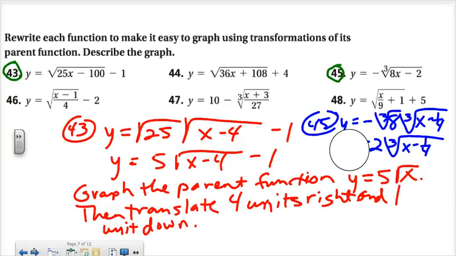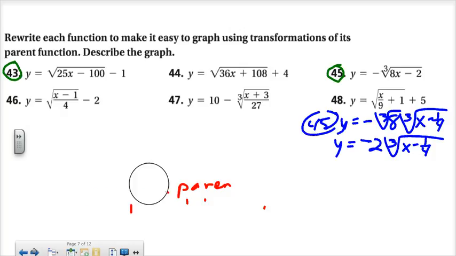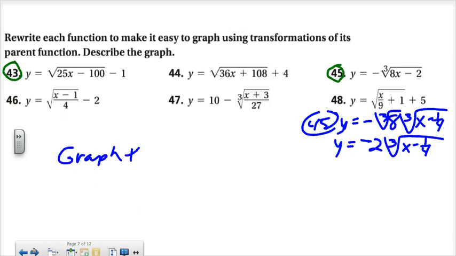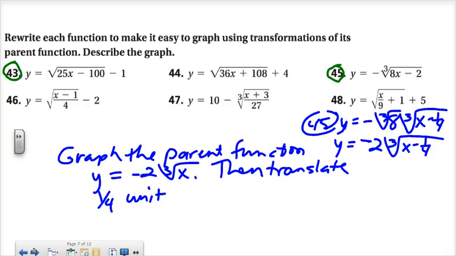So that's what we would put down. And then I want to describe that graph and say: graph a parent function y equals -2 cubed roots of x, then translate 1/4 unit right.